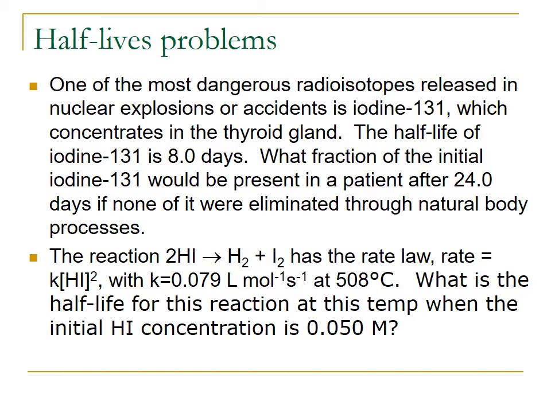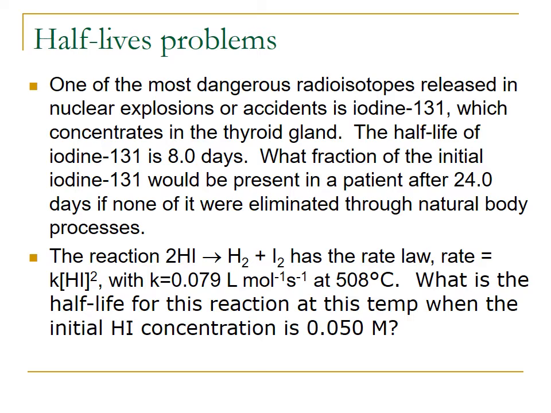So here's some half-life problems. The first one looks really, really big and scary, but it's really not. But you do have to understand some of the concepts behind it. So let's read through it, and then I'll show you what to do on the next slide. It says one of the most dangerous radioactive isotopes released in nuclear explosions or accidents is iodine-131, which concentrates in the thyroid gland.